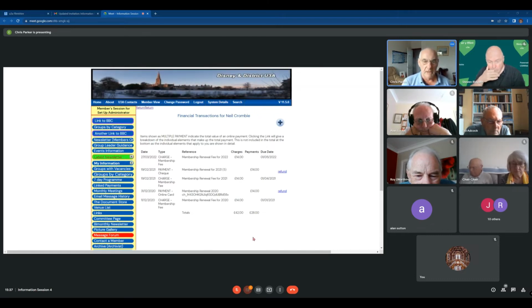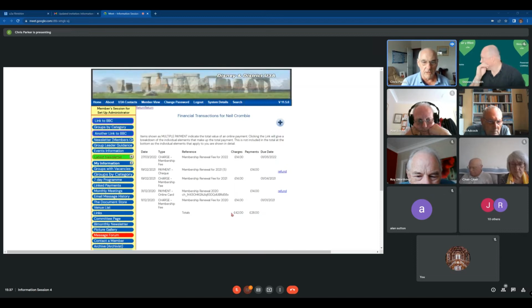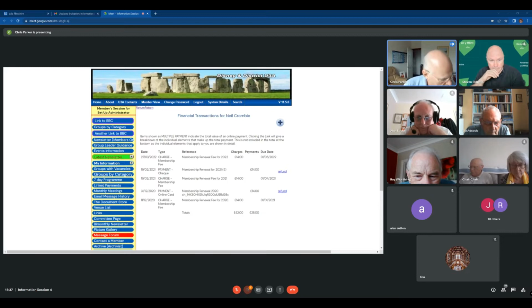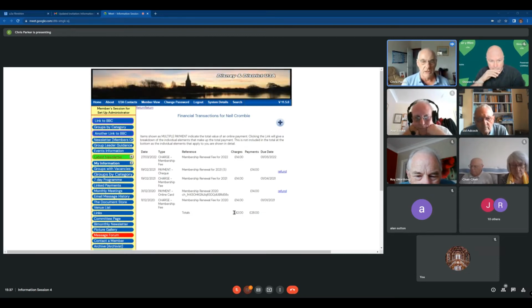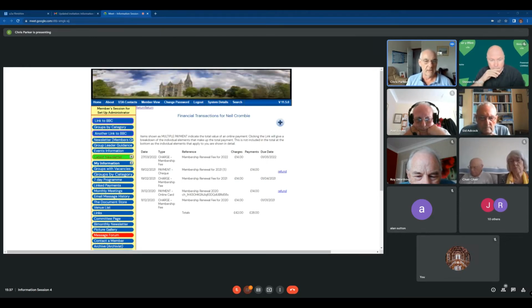Now, generally at the bottom, if we were looking at overdue ones, the charges are in excess of the payments made.